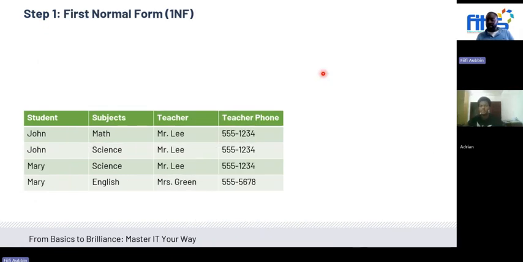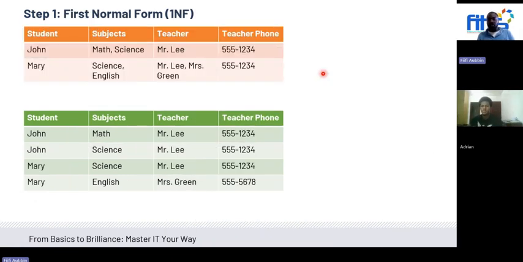Okay. Look at this. So for the first normal form, you see, you have subjects. So we're going to split it. So student, subject, teacher, teacher phone. So we know that for John, John will appear twice, right? John, because he took math and science, and that is from Mr. Lee. Does that make sense?